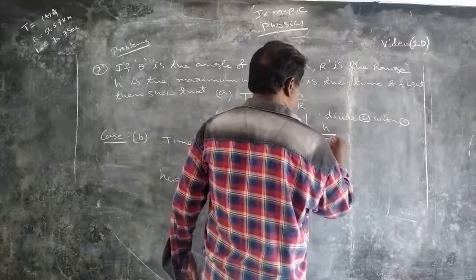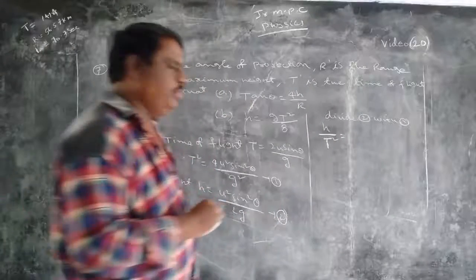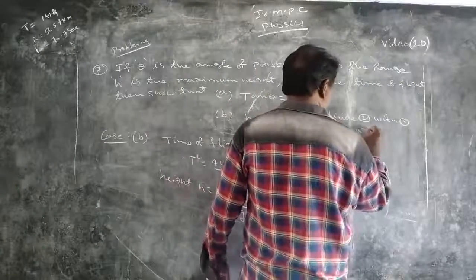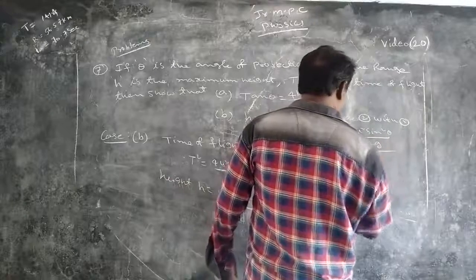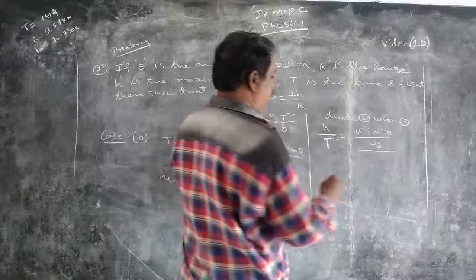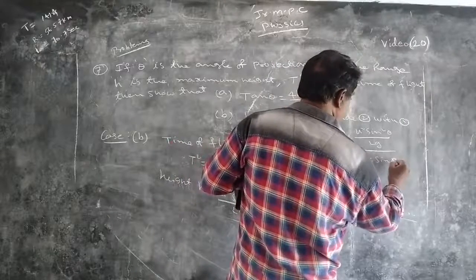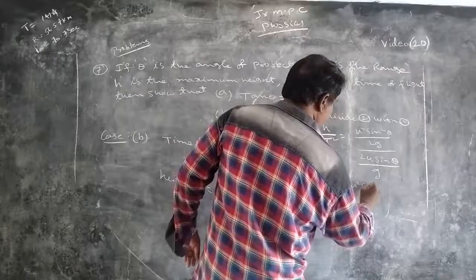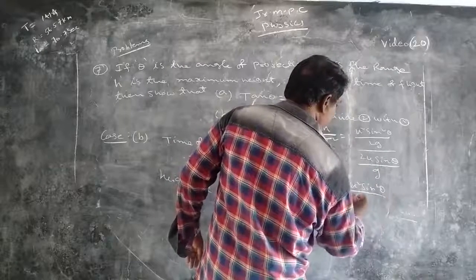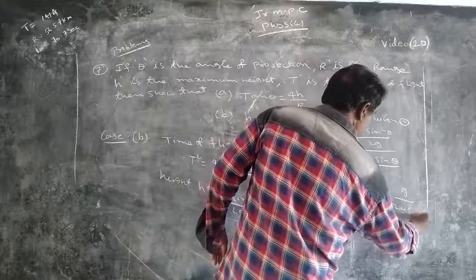H by t square. What is the h value? U square sin square theta by 2g, divided by the t value 2u sin theta by g. U square sin square theta by 2g, times g by 2u sin theta.